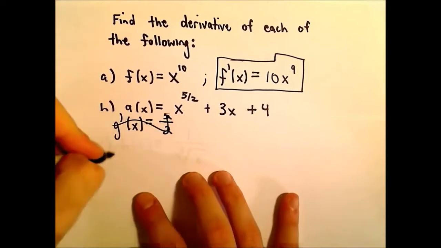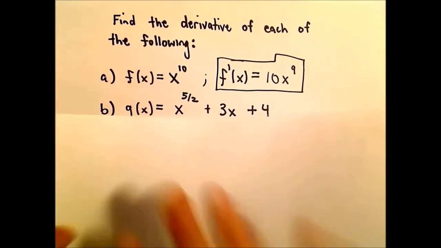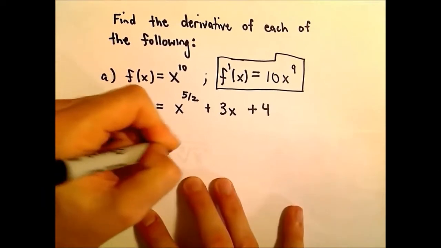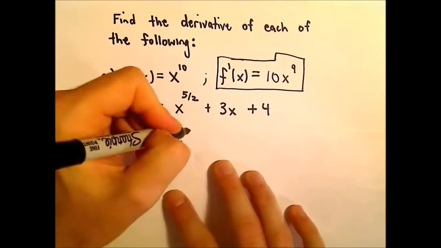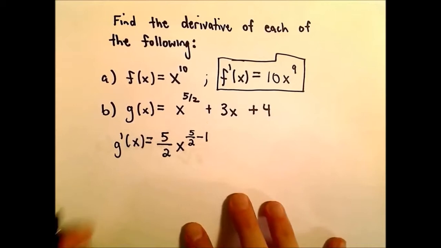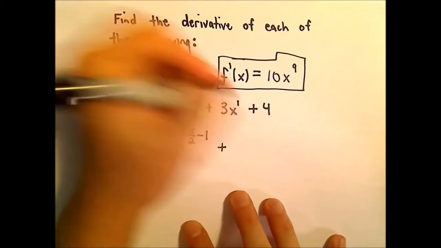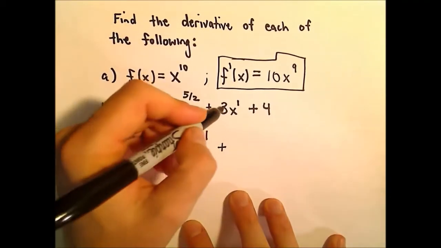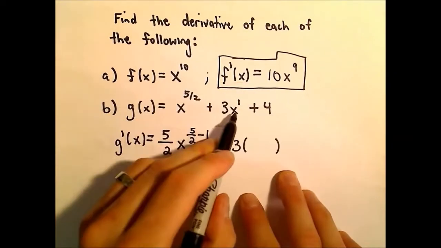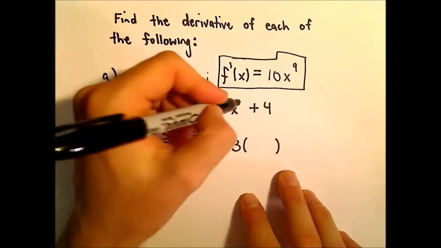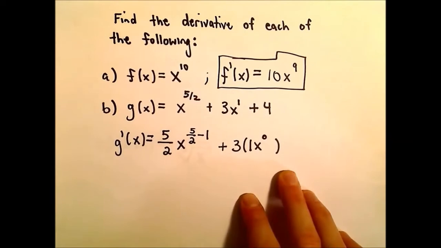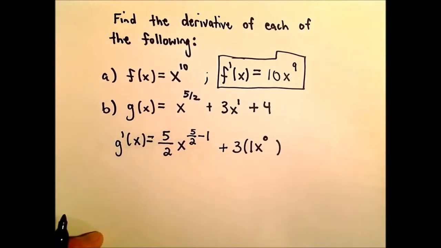G of x is 5 times x to the power of 5 over 2 plus 3x plus 4. Let's take a clear paper. G prime x is equal to 5 over 2 times x to the power of 5 over 2 minus 1, and plus 3. The power of x is 1, so 3 times 1 times x to the power of 1 minus 1, which is 0.